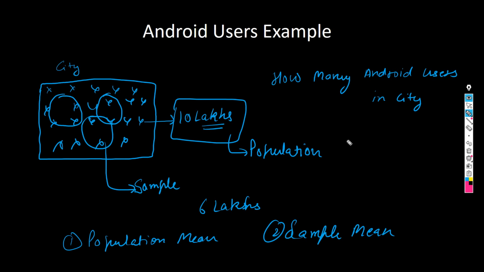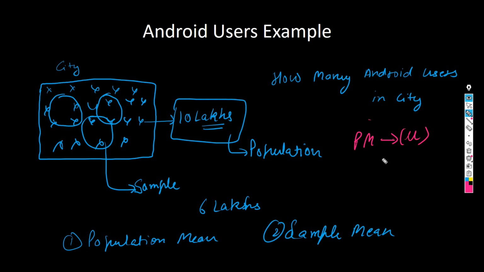Suppose we want our population mean, PM. How can we find this population mean? First of all, we identify our population mean with the help of mu.